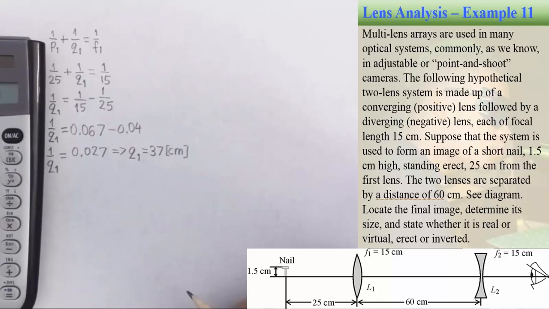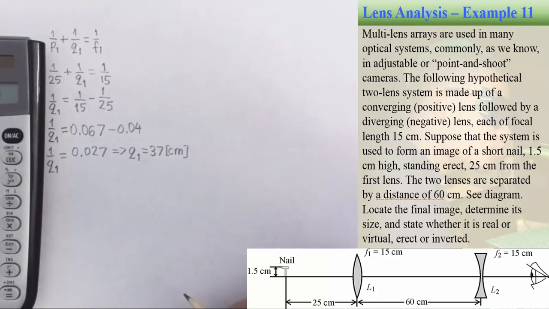Now, as we can see, the distance of the image from the first lens is plus 37 centimeters. The fact that the distance is positive means that this image is going to be on the right relative to the first lens. Or in other words, this image is positioned between the two lenses.